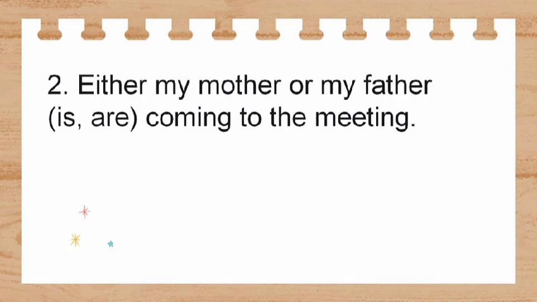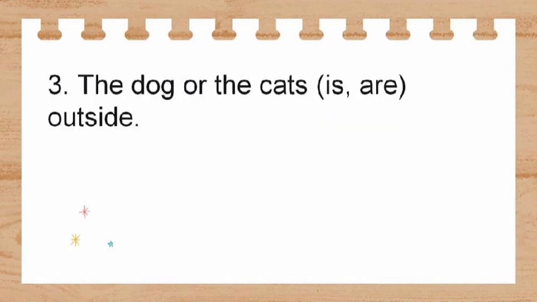The answer is is. Either my mother or my father is coming to the meeting. Okay? Question number 3. The answer is are. The dog or the cats are outside.